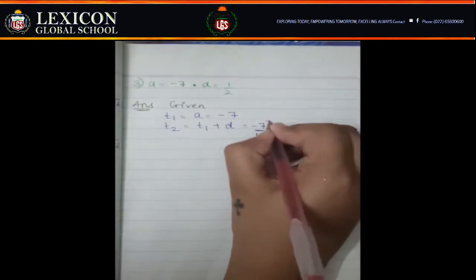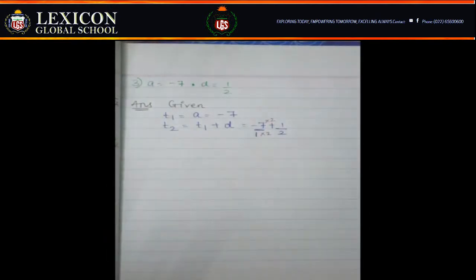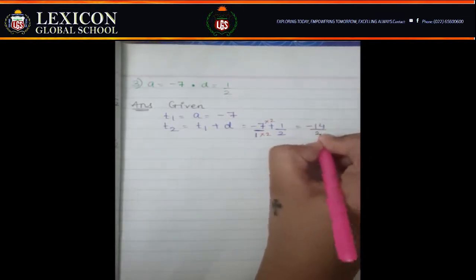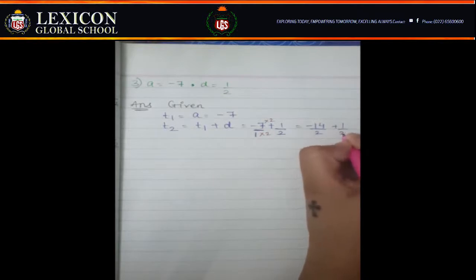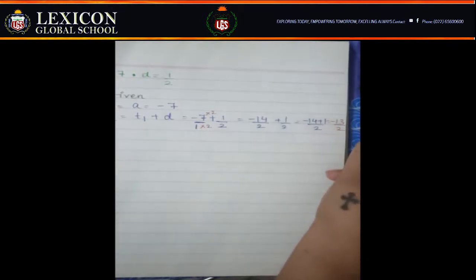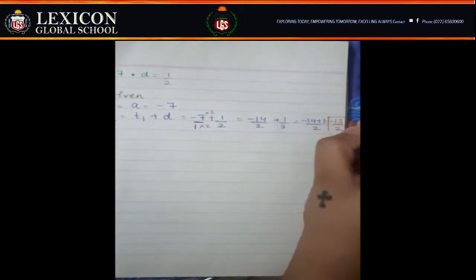So 7 2s are minus 14 upon 2 plus 1 upon 2. Minus 14 plus 1 upon 2 will give me minus 14 plus 1, minus 13 upon 2. This would be my answer.